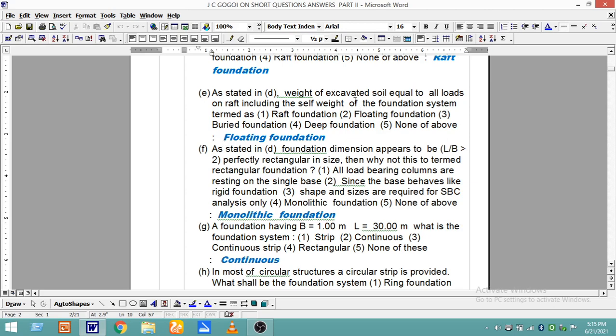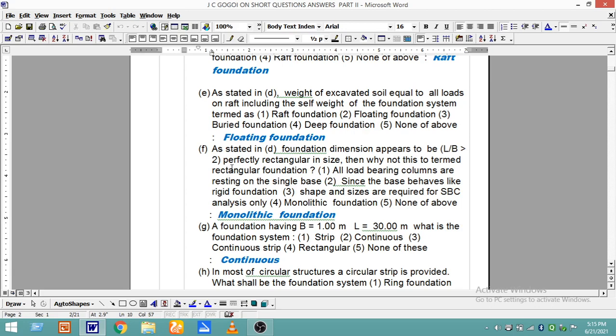Applied load minus soil weight equal to 0, that is floating. There shall be no net applied force at the base, because the interior load is already there, so it is floating foundation.